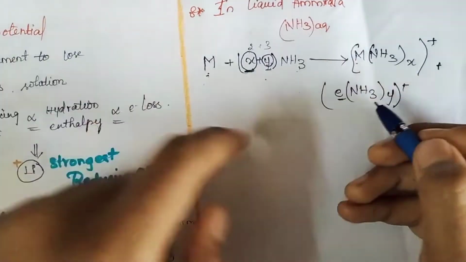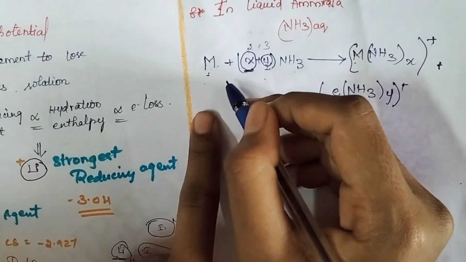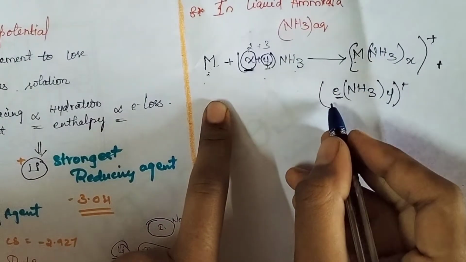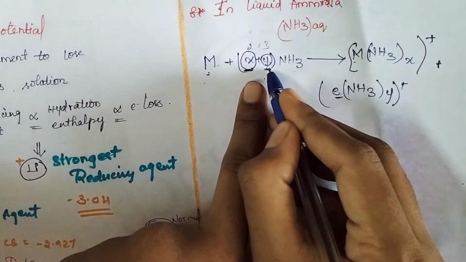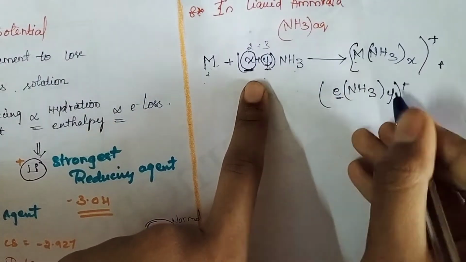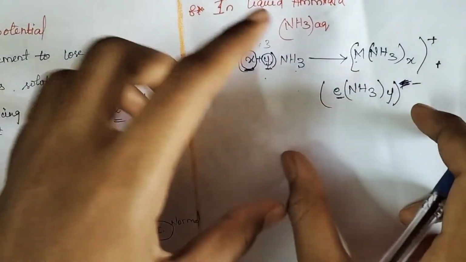And the electron lost by this particular metal will react with this Y moles of NH3 and form the minus sign. Okay, clear? So this is the reaction.